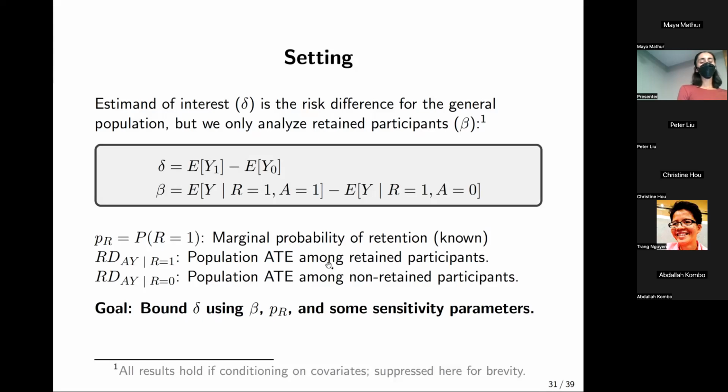One is the population ATE, in other words, the true causal effect among participants who are retained in analysis. And the other is the true causal ATE among non-retained participants. We'll see how each of these gets dealt with.